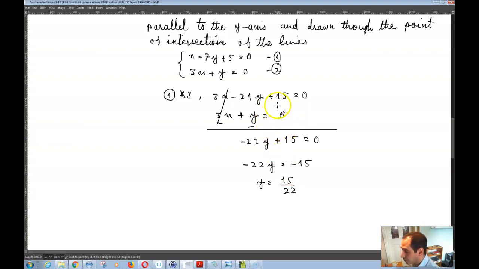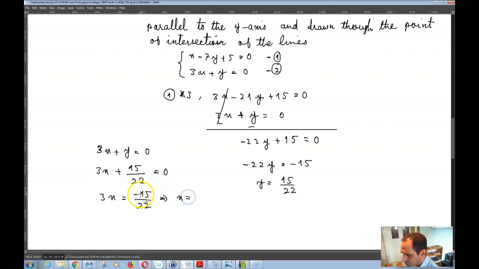Now if y is equal to 15 by 22, then over here, for example, we said that 3x plus y is equal to 0. That means that 3x plus 15 by 22 is equal to 0. 3x is equal to negative 15 by 22, and so that means that x is equal to negative 15 by 22 divided by 3, which is negative 15 by 66.